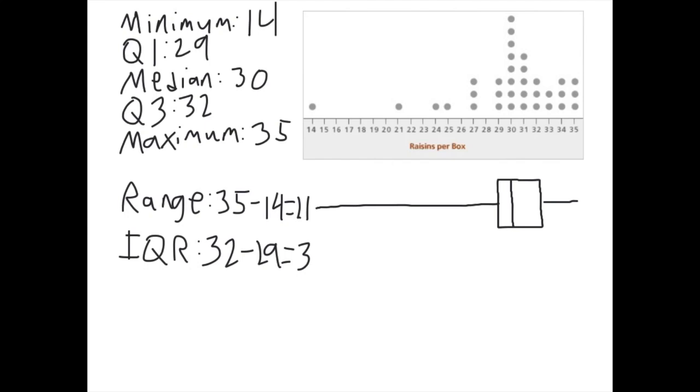The last thing I would like to talk about here is outliers. Now, statistics is very not exact, and different statisticians use different things. And with outliers, they're not always used. But the definition of an outlier is this.